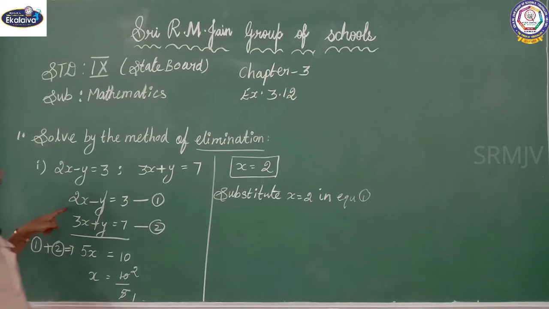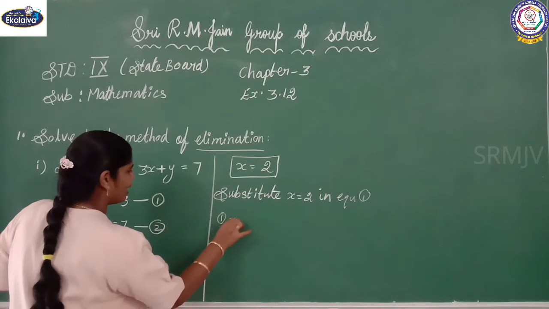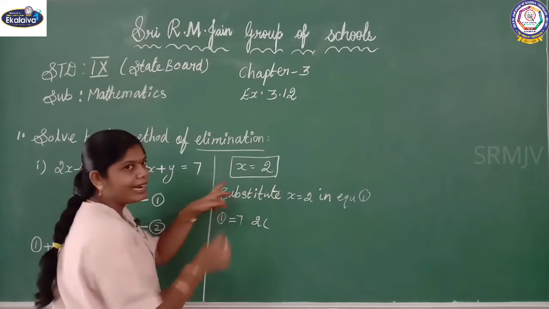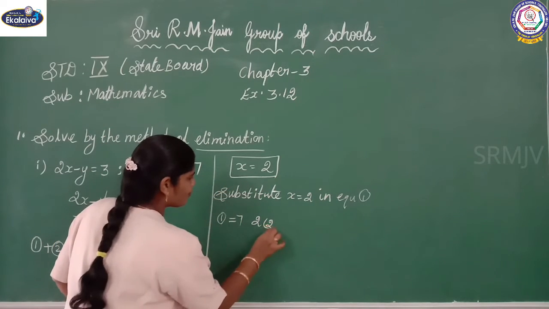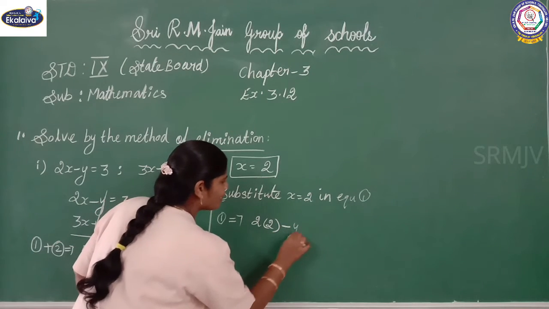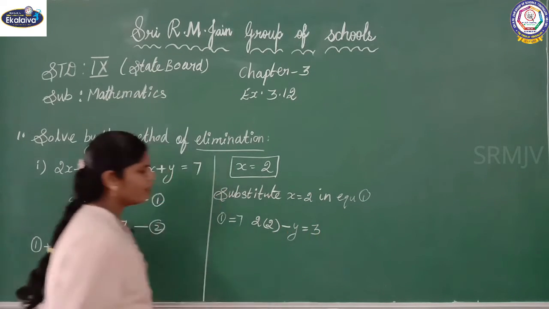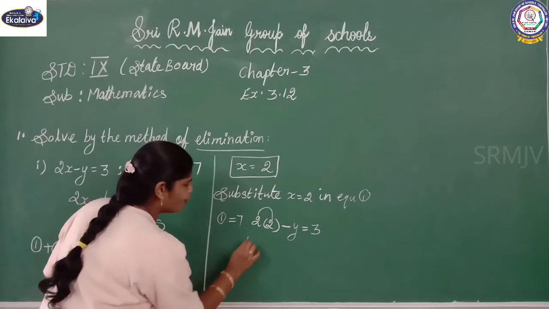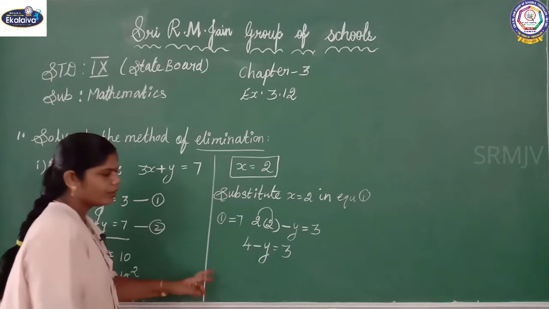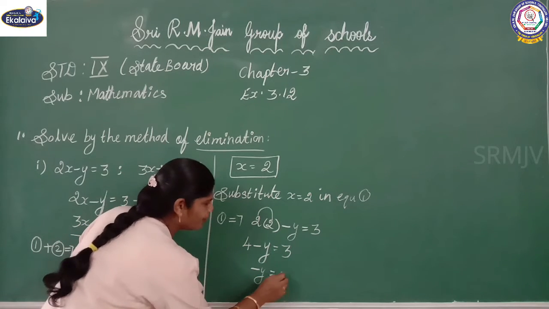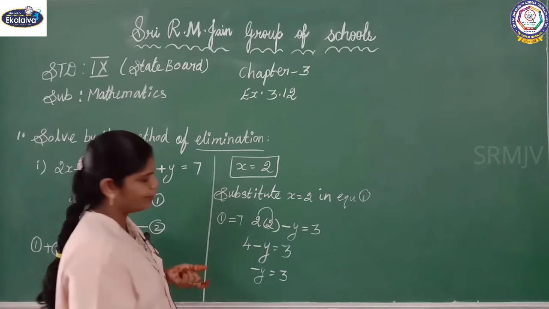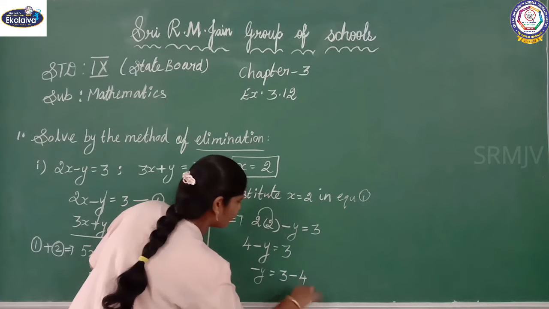What is equation 1, children? Equation 1 implies 2x, so 2 into, what is the value of x? 2. Next, minus y, so minus y equal to 3. So 2 twos are 4. 4 minus y equal to 3. Minus y equal to 3, the plus 4, addition changes to subtraction on the other side, so minus 4.